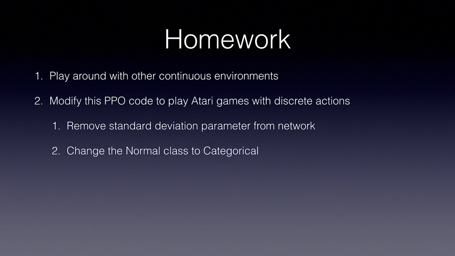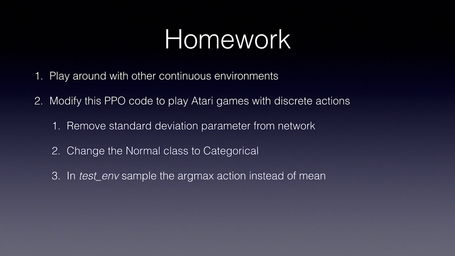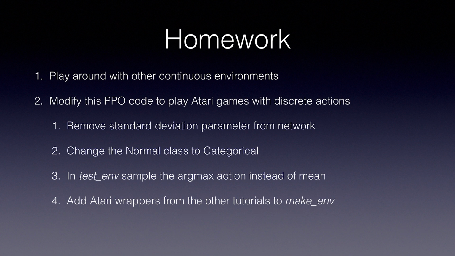Second, you've got to change the normal distribution class we're using to Torch's categorical distribution class. Third, in the test env function, sample the argmax of probabilities instead of the mean. Fourth, add the Atari wrappers from the other tutorials back into the make env function.